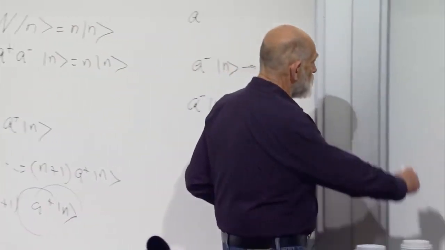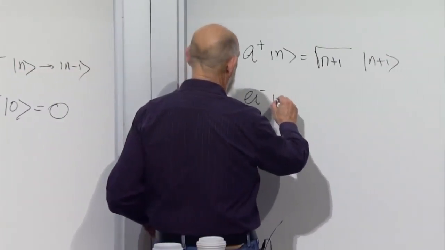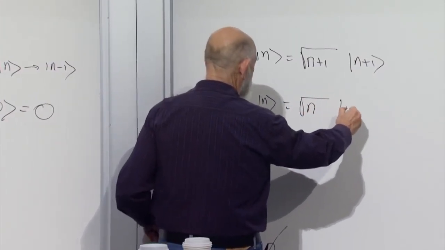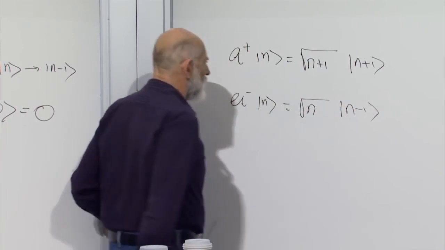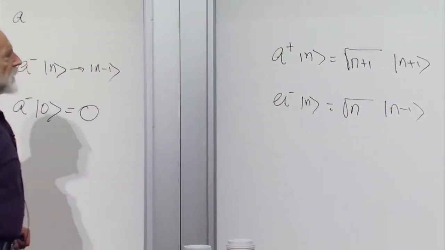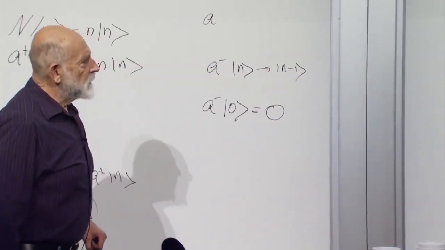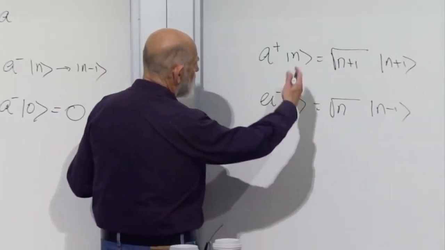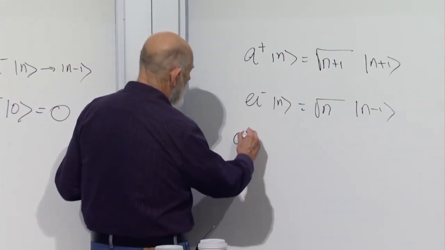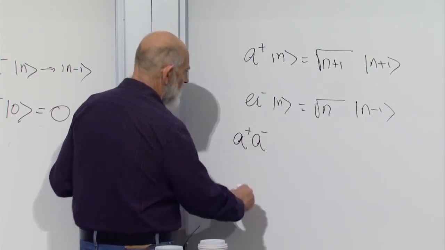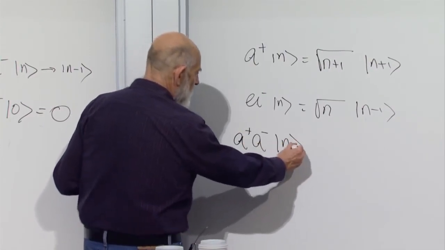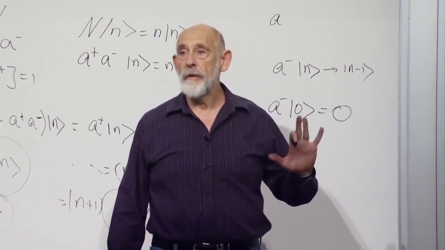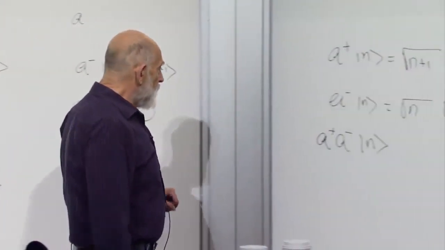And I think it's also true that a minus on n gives you square root of n times n minus 1, if I'm not mistaken. I think that's correct. Now what do you want to do? You want to try a plus times a minus on n? Was that the game? Okay, let's see what we get.